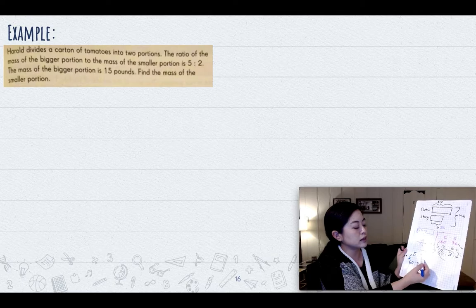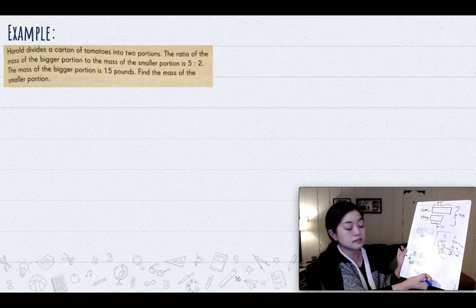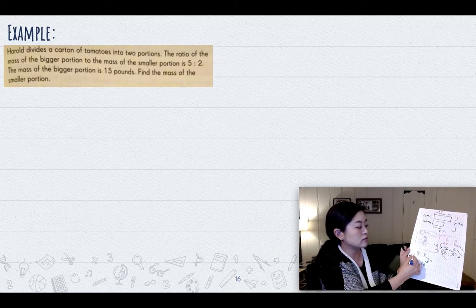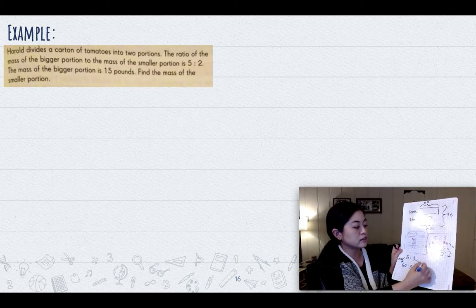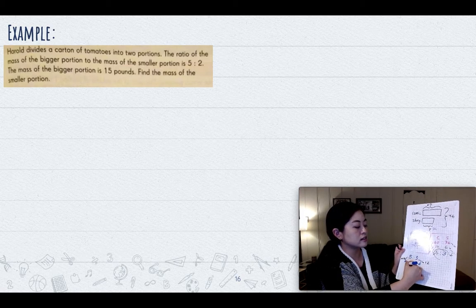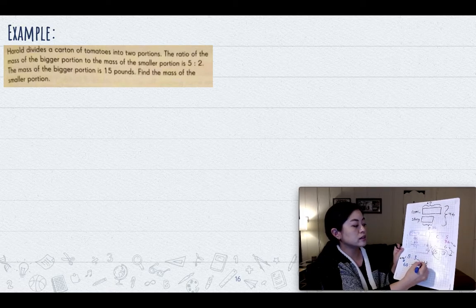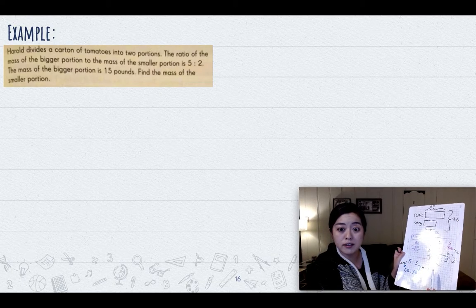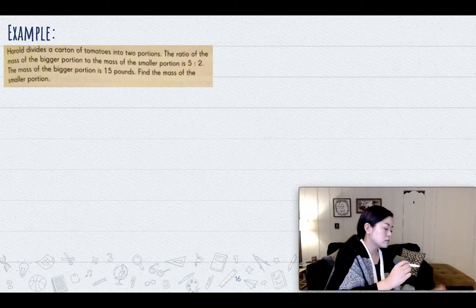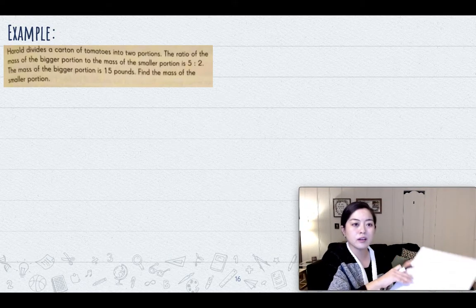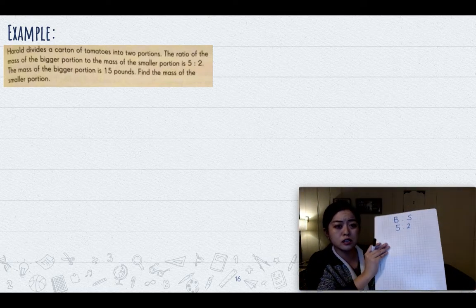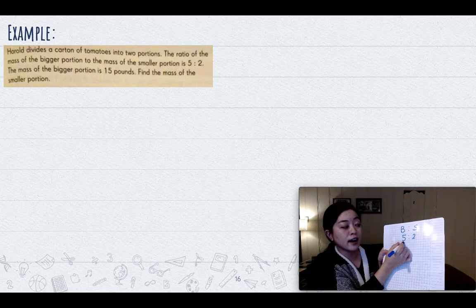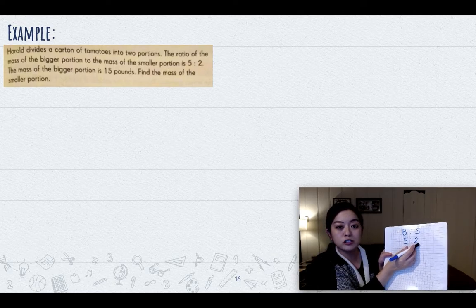What do I multiply 5 by to get 60? It's 12. And same thing here, 3 times 12 is 36. So in here, this is 5 groups of 12 to 3 groups of 12, and that's the simplified form. So taking that idea, in here, the bigger portion is 5, and the smaller portion is 2.